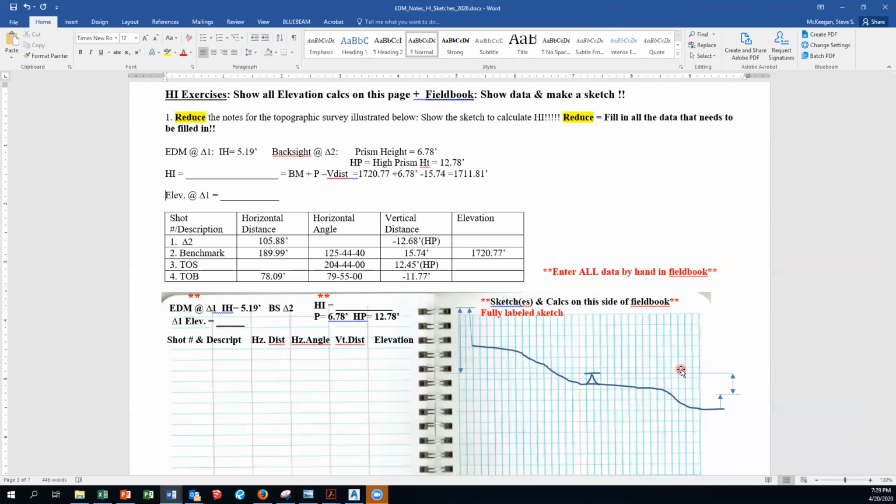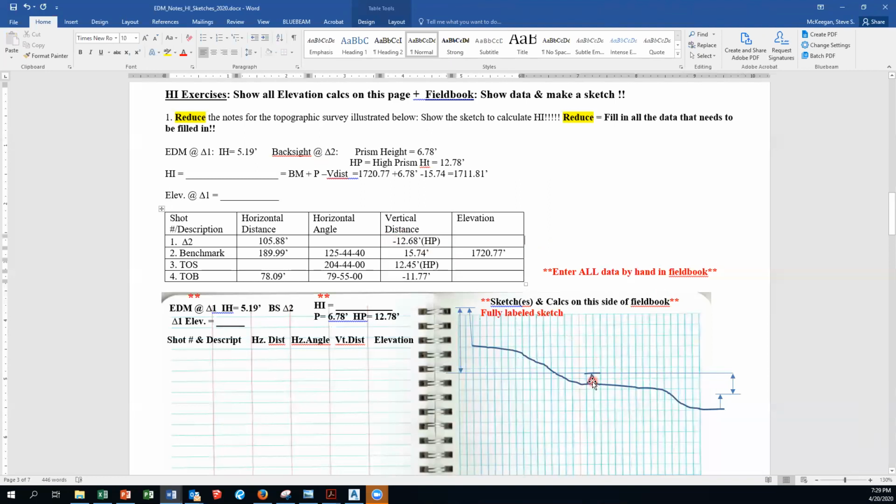Now, how do I get the elevation of, say, delta 2, which is my control point? I now know my HI. Am I looking uphill or downhill at delta 2? Down. And so it's a negative.